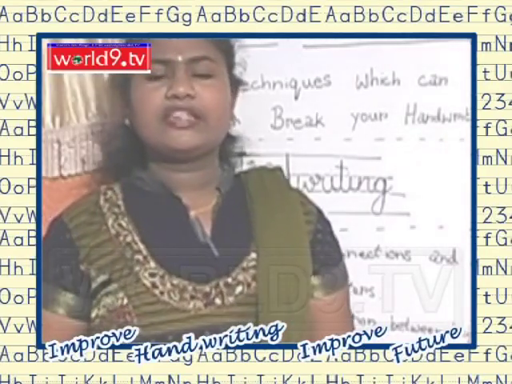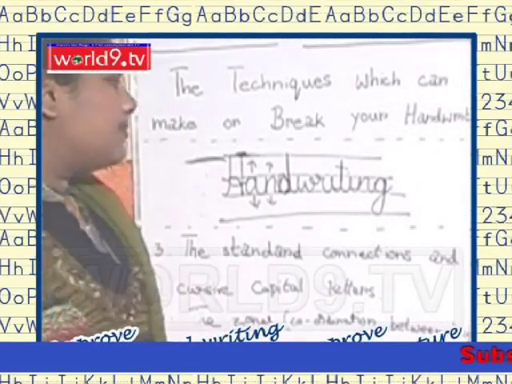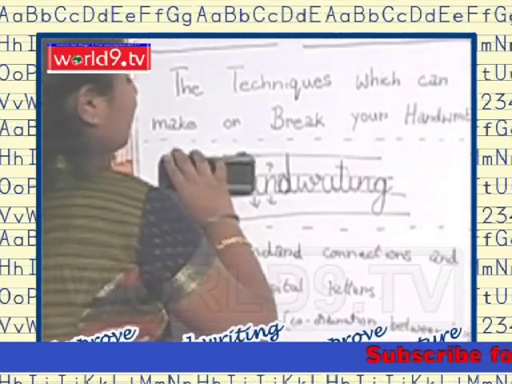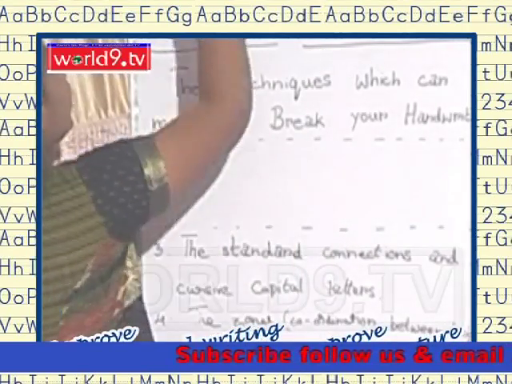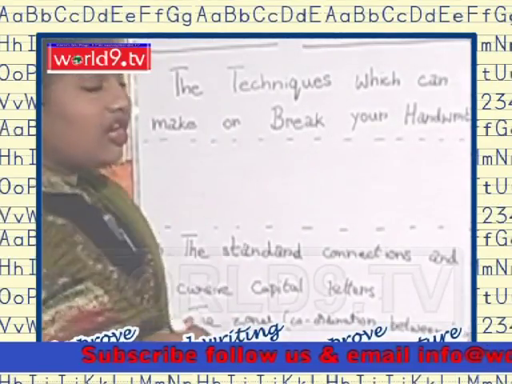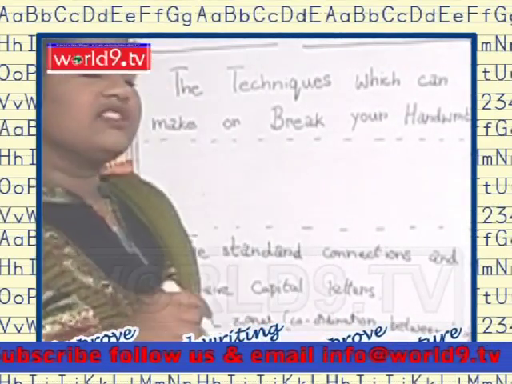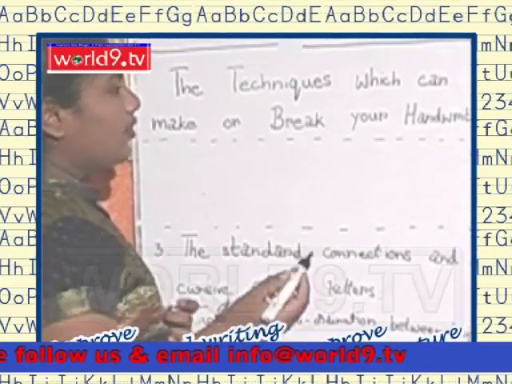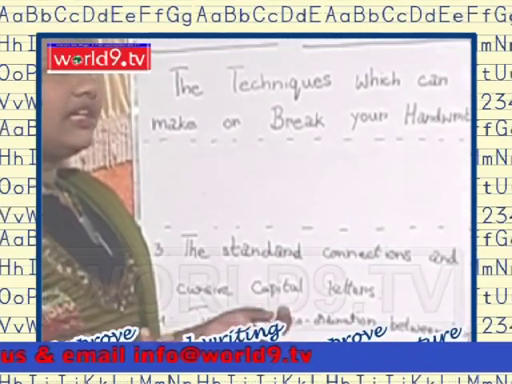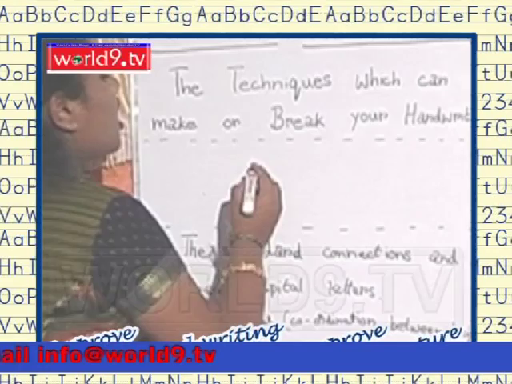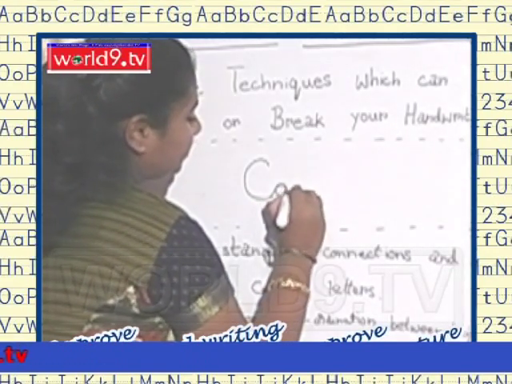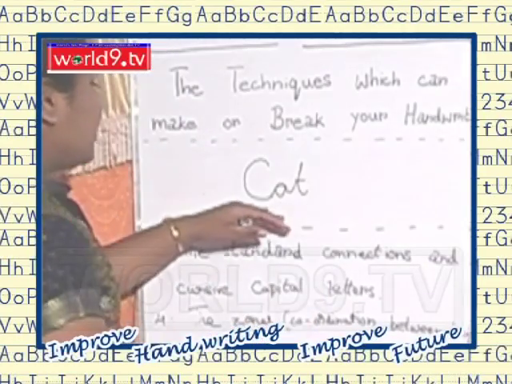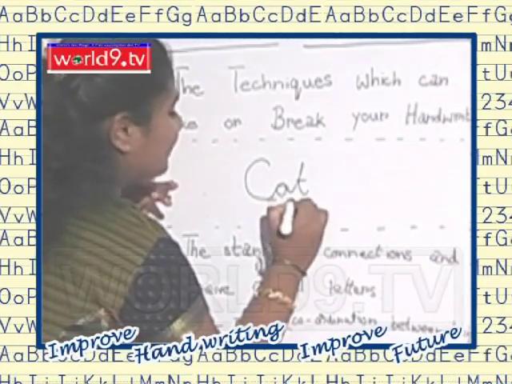The fifth technique is spacing. Spacing is nothing but the spaces we give in the middle of every word and every letter. Suppose we take the example of "cat": C A T, cat. In "cat" we are giving minimum space.